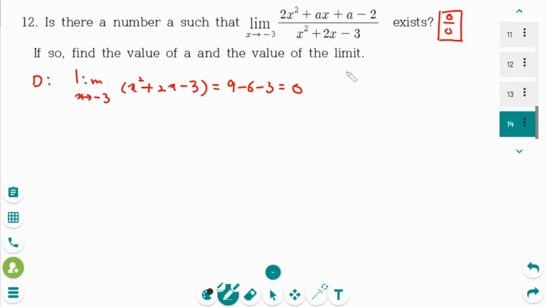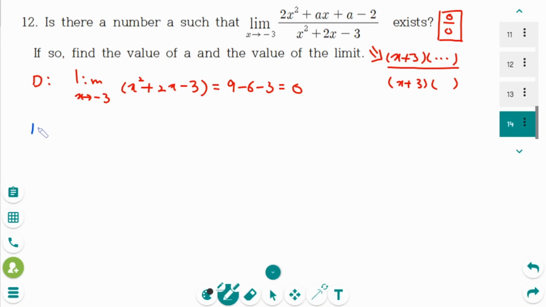Therefore, when x approaches minus 3, the numerator must also equal 0. It also means that the numerator and the denominator will have the common factor of x plus 3. So this one will be x plus 3 and something more, and x plus 3, like this.